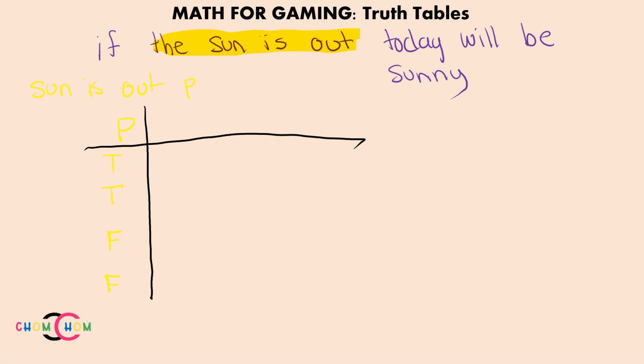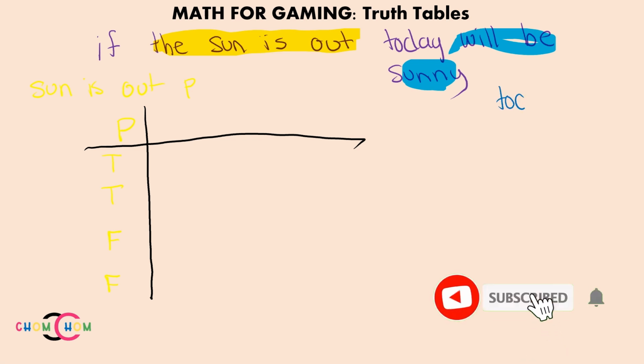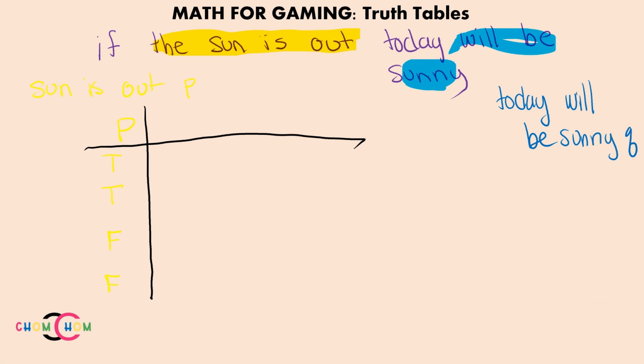So now let's find our second statement, which we're going to call Q, which will be today will be sunny. Okay, so Q. So if we have this, then one of them is going to be true, true.